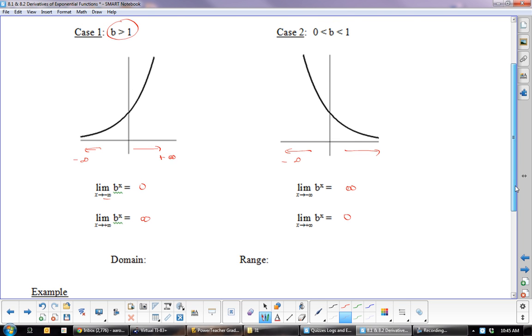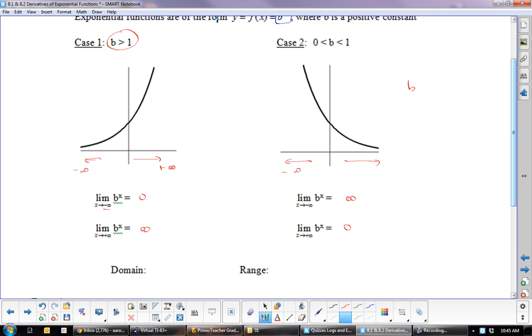Now, one thing you have to know is the base is always positive. If you have a negative base, for example y equals negative 2 to the x, you get your points. When x is 1, that would give you negative 2.